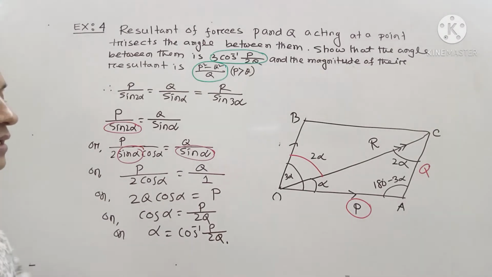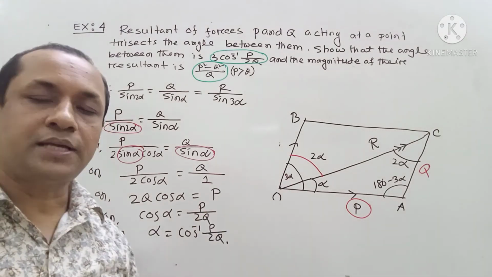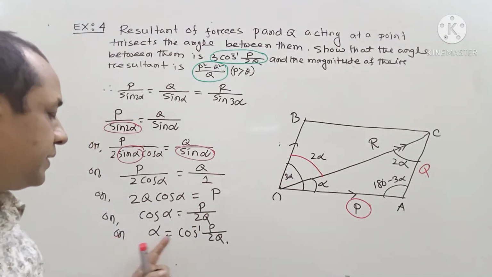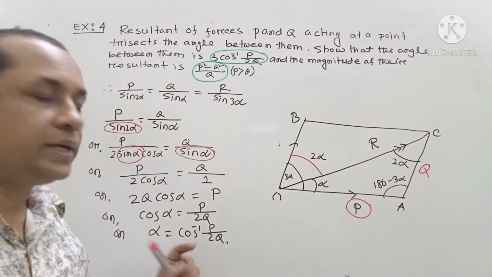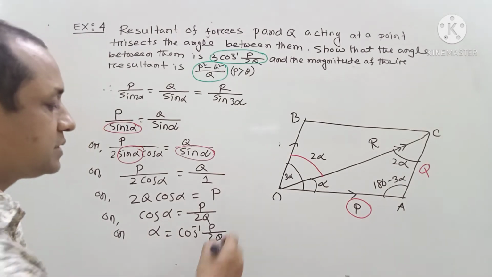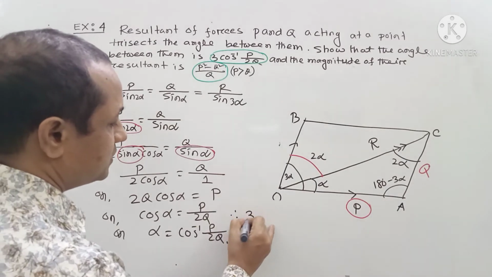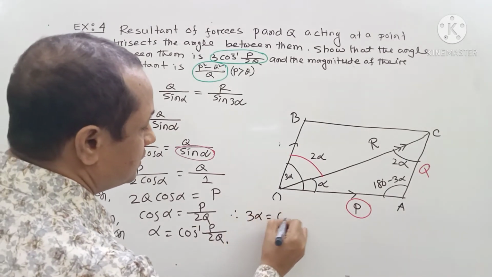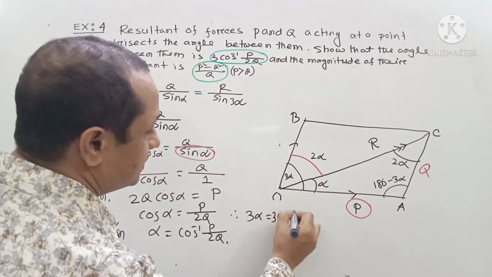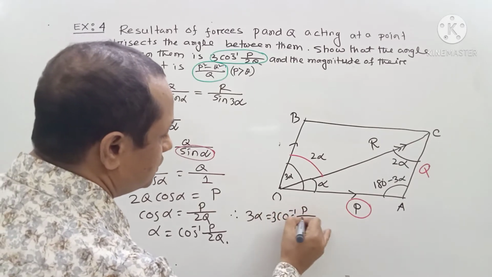So here the angle between the two forces is thrice alpha. Now we get alpha equals cos inverse P by 2Q. Multiplying both sides by 3, 3 alpha equals 3 cos inverse P by 2Q.